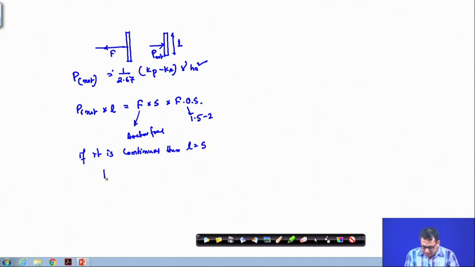So, I can write that P net will be equal to F into factor of safety. Finally, I can write that P net, which is 1 by 2.67 (Kp minus Ka) gamma H square, will be F into the factor of safety.